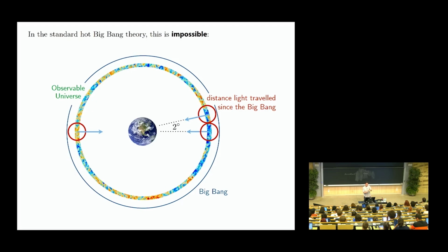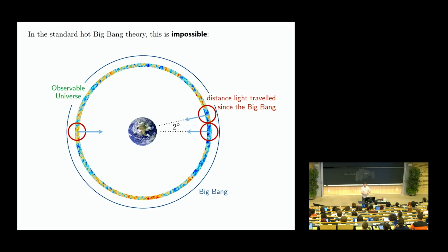And the Big Bang itself actually is a surface surrounding us that's a little bit larger than the surface of last scattering, because of the finite age of the universe. What I've drawn here schematically is that there's a minimal angle where these two neighboring horizon circles just touch.